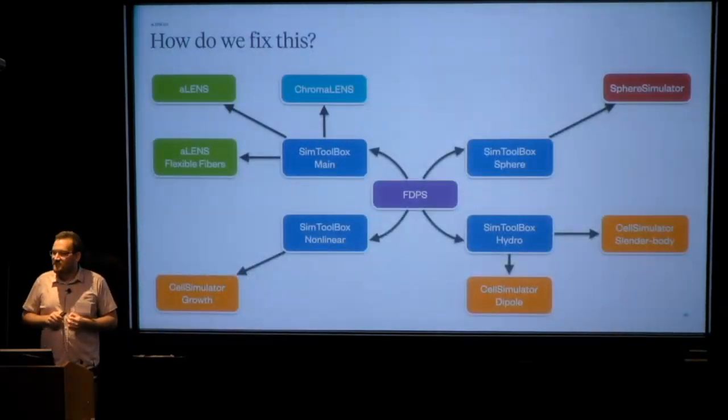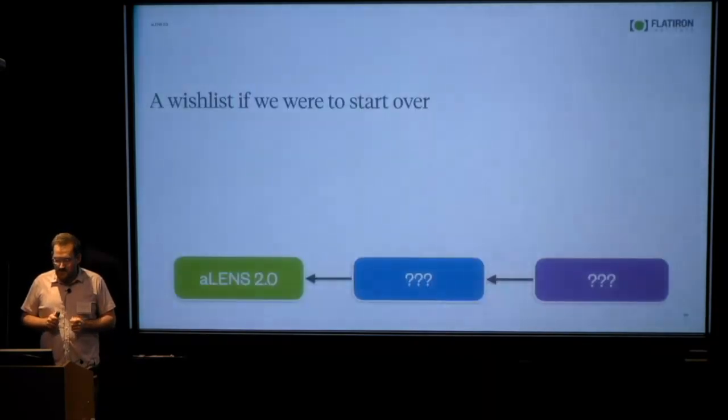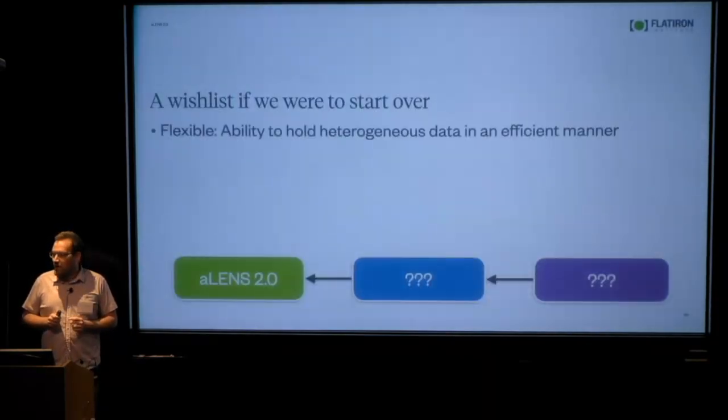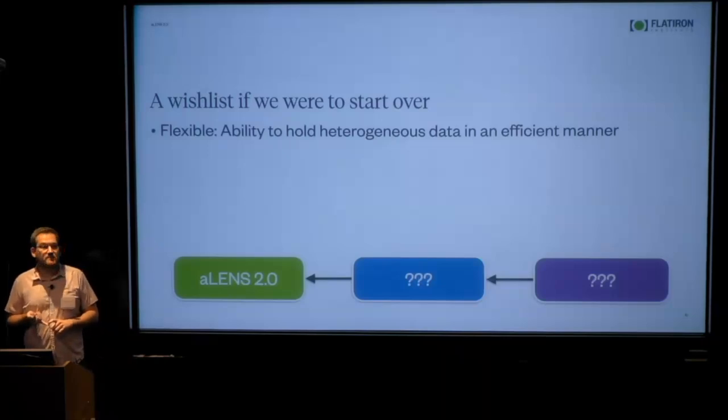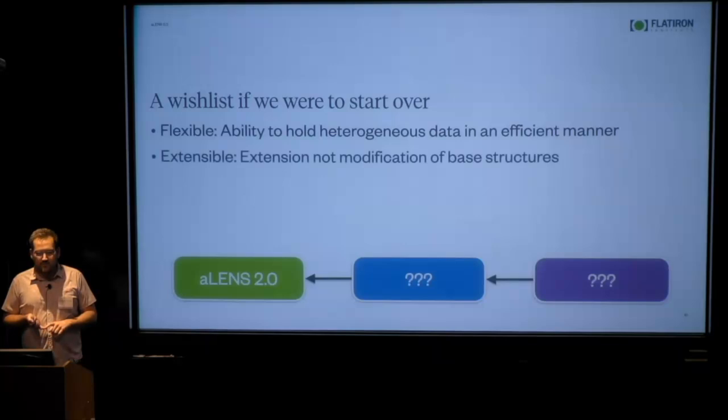So how might we go about fixing this? This is our current work into developing ALENS 2 effectively. There were some choices made in ALENS that were problems, so this is a ground up rewrite of the entire thing. If we were to start over, we want to be flexible. We want to hold heterogeneous data in an efficient manner, hopefully parallelized across many nodes and heterogeneous compute architectures. We want to be extensible. This means that I'm not diving into the C++ code for sphere and modifying it directly.